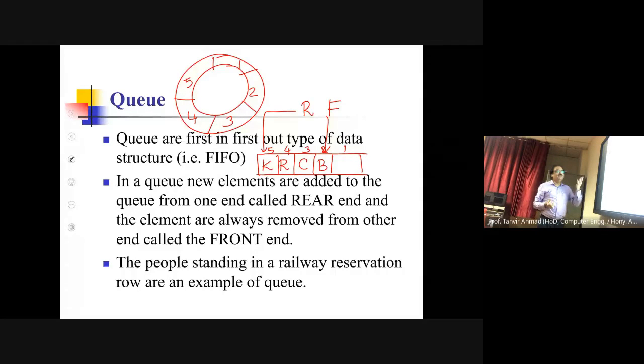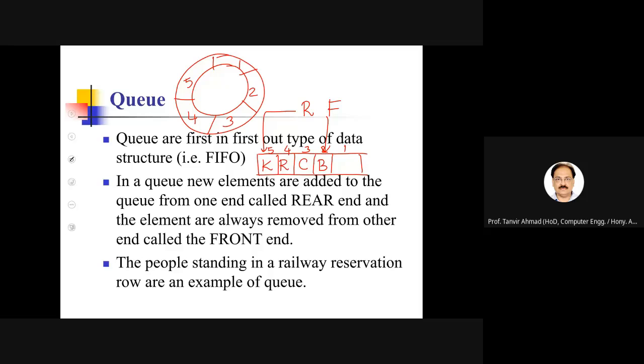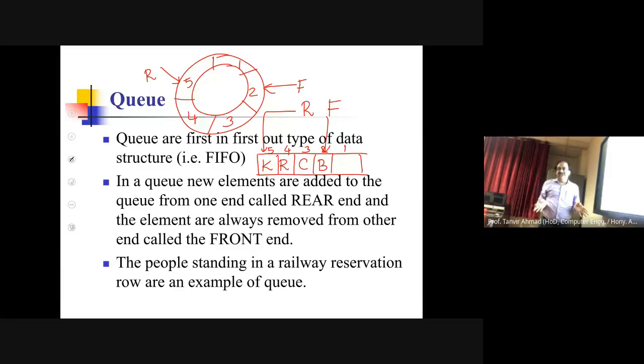Using a circular queue, you can see that I can very well point from 5 to 1 because 1 is adjacent to 5.